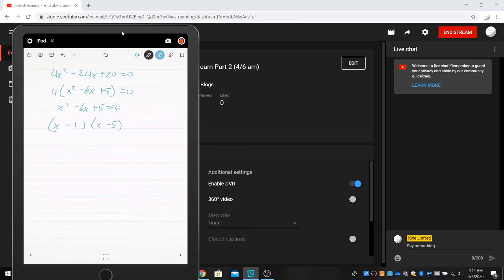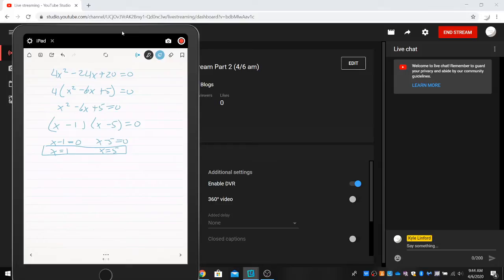That would multiply to get me positive 5 but add to get negative 6. Both of those are going to be set equal to 0. So I have x minus 1 equals 0 and x minus 5 equals 0. So solving, I get x equals 1 and x equals 5. These are my 2 possible solutions for this quadratic.